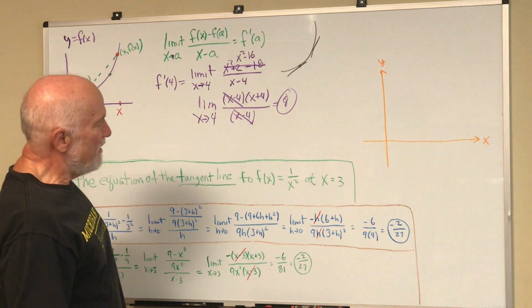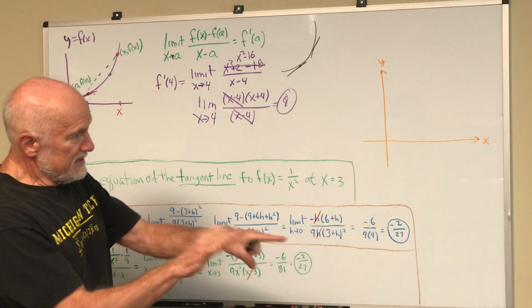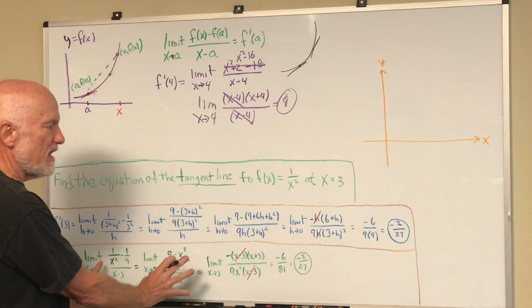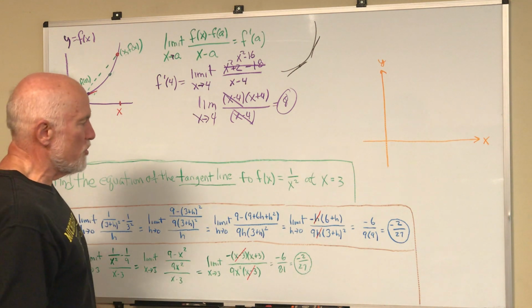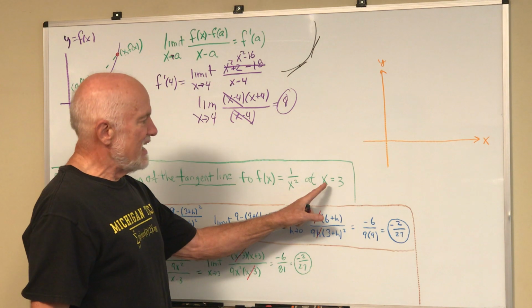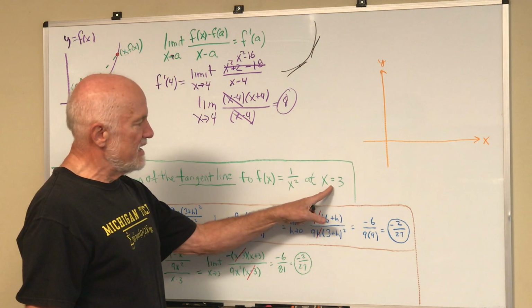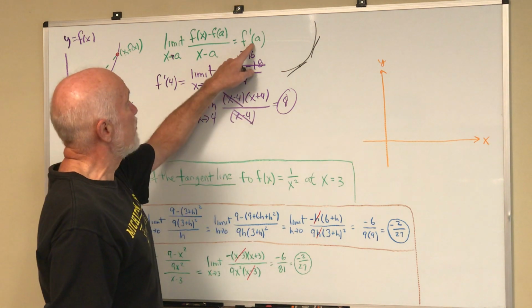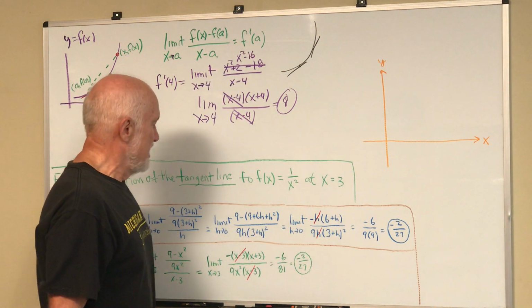I think you've seen enough detail that I'm just kind of showing you how much algebra you'd have to go through. If we want to know the slope at x equals 3, I could do it with either one of the two formulas for f prime of 3.